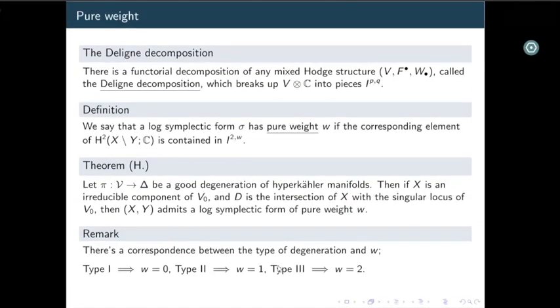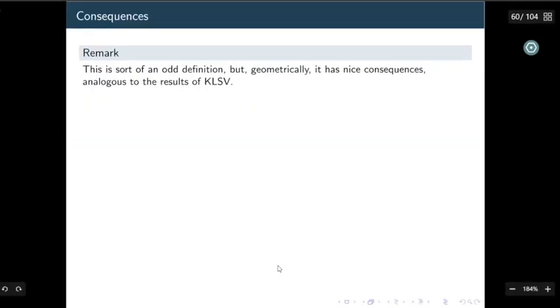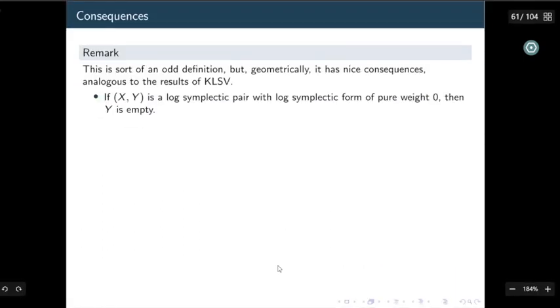So this is some sort of abstract cohomological condition, something about mixed Hodge structures. In terms of geometry, you can also see what this means. You can figure out how to interpret the pure weight condition in terms of the pair X, Y. So if you have some log symplectic form of pure weight 0, then you can show that the boundary divisor is empty.